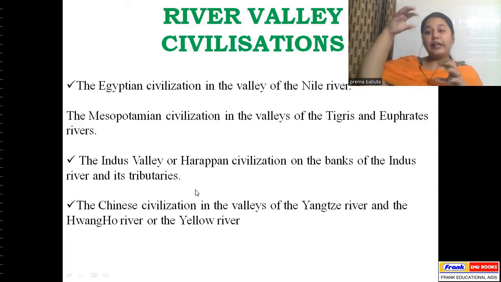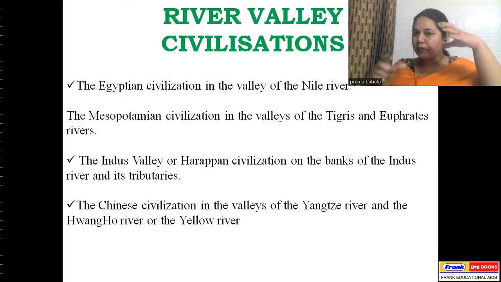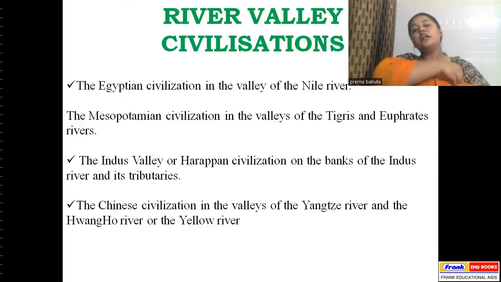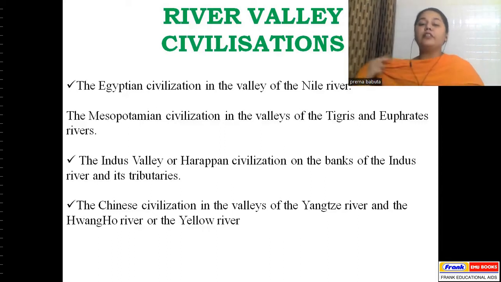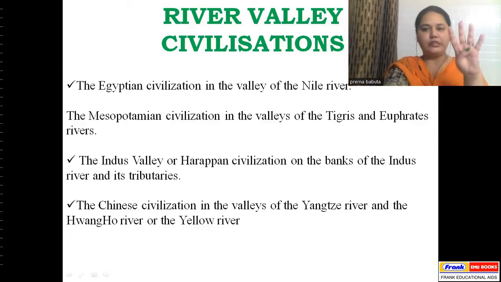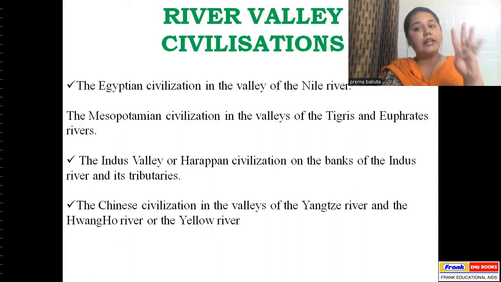So we all know that any river has its tributaries. There's a main river, and from that main river, many small rivers also flow. These small rivers are called tributaries. And then you have the Chinese civilization, which was on the Yangtze River and the Huanghe River or the Yellow River. Okay, so the 4 major river civilizations: Egyptian, Mesopotamian, Harappan, and the Chinese.